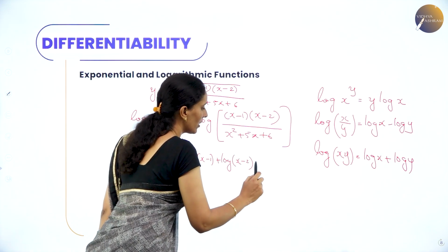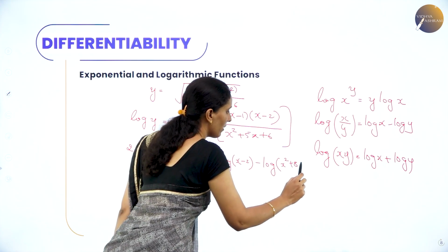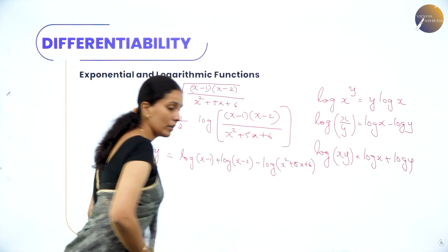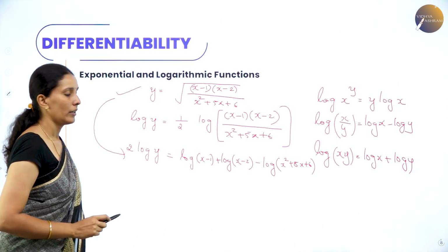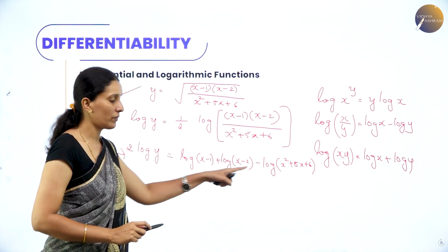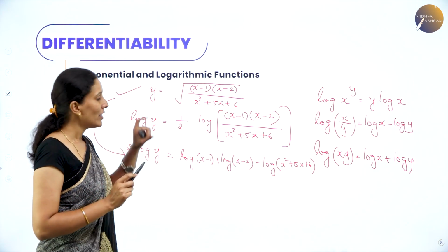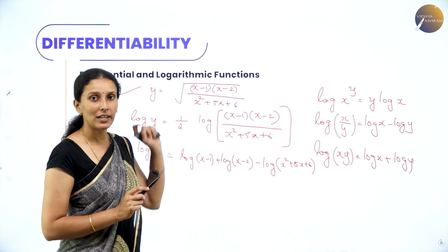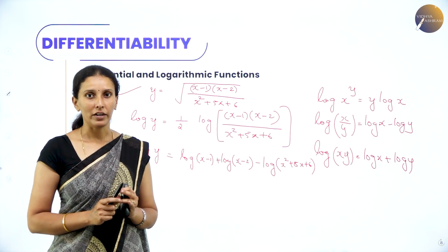And since this is in the denominator, minus log of x square plus 5x plus 6. See, from this function, we simplified it, and now it is easy to find the derivative of this function. So the log function is used to simplify functions like this, and then we can easily find the derivatives of functions.